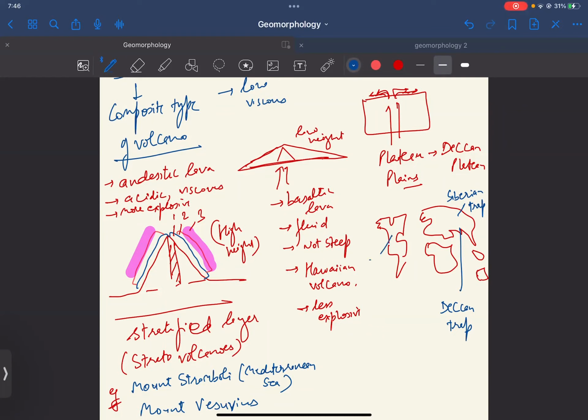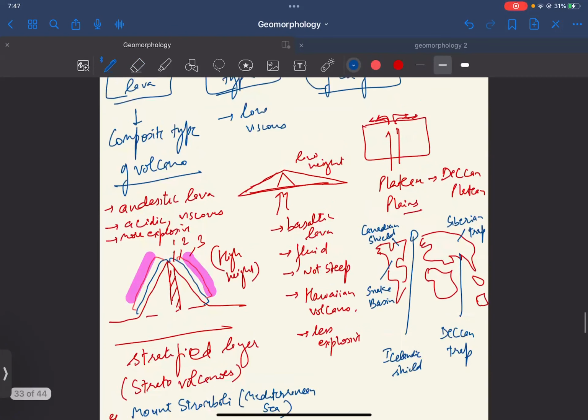Then in USA, we have Snake Basin, right? Iceland, Icelandic Shield, and also lastly Canadian Shield. So these are a few examples of these. You can say fissure type of eruption.